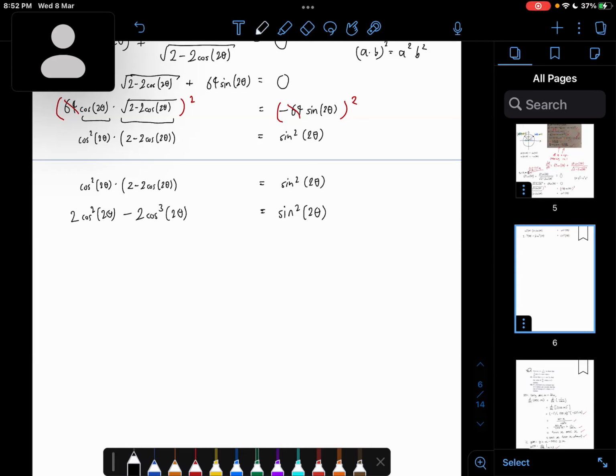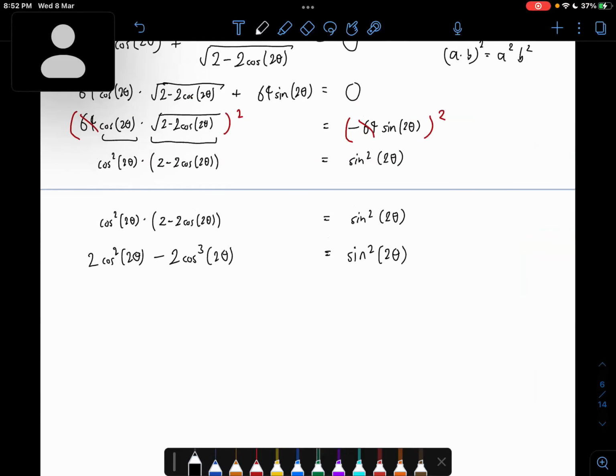Just keep it as 2 theta for now. But there's a problem here. Cosine square, cosine cube, sine square. Who's the odd one out? Sine square. So maybe we can make use of an identity involving sine square that can help us make it look more like cosines.